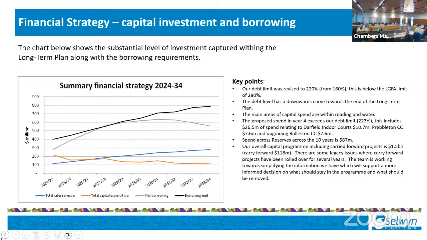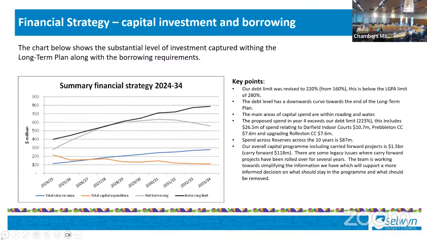Looking at the key points alongside, it's worth noting the main areas of our capital spend are within roading and water. The year 4 spend, where it goes to 223%, has quite a few big projects within that year. We could look at phasing those.